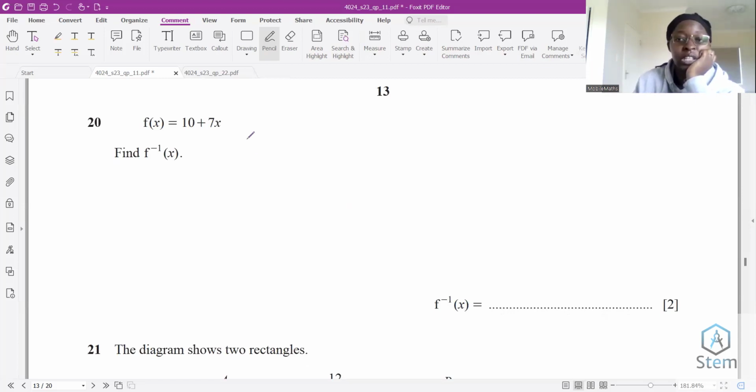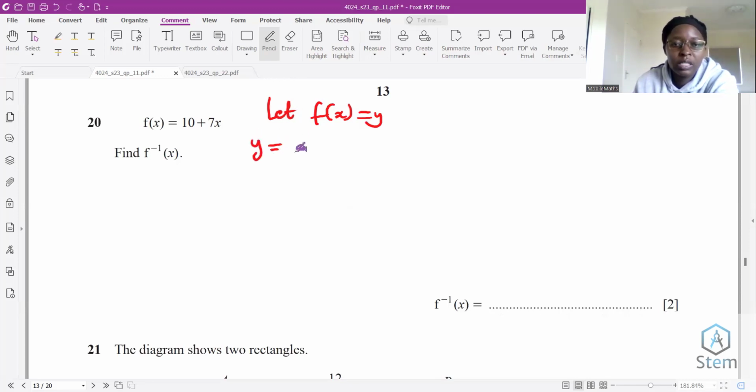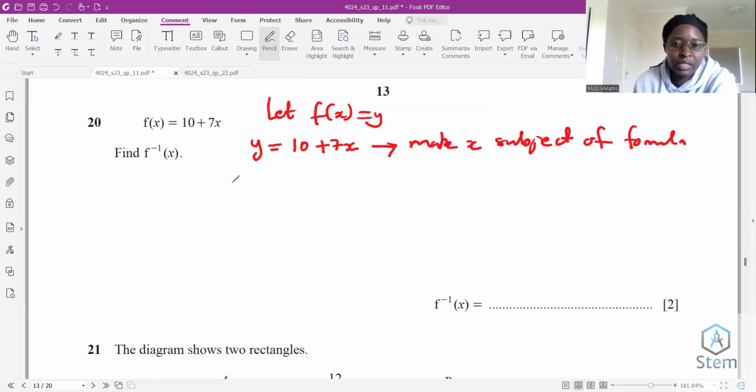To find the inverse, we can say let f of x be equal to y. So when we let f of x be equal to y, we are just going to say y is equal to 10 plus 7x. Now the idea, we want to make x the subject of formula. So we can say y minus 10, I'm taking 10 this side.